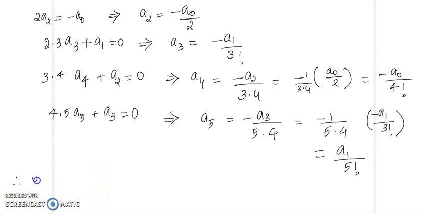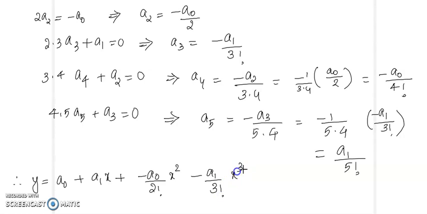So therefore now we can write y. So y will be a0 plus a1x plus a2 times, placing minus a0 by 2 factorial x square. Then a3 will be minus a1 by 3 factorial x cube.